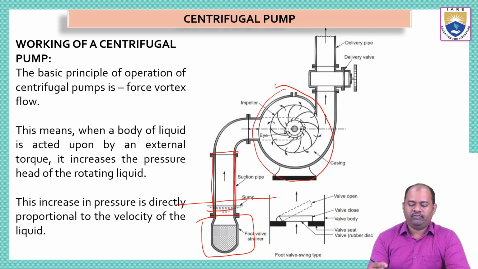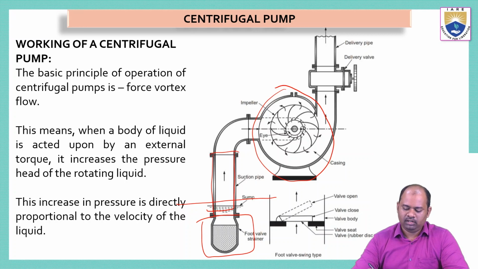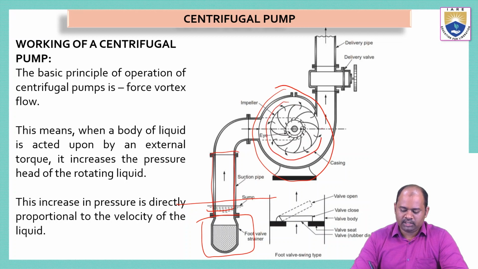Now we have already seen the function of the casing: it will hold the water for some time, like it will prevent the splashing of water when the impeller is rotating. Okay, and also it controls the pressure of the water. And inside this we have an impeller which can rotate in circular motion. This impeller has vanes which are curved in shape, and after that, on the other side of the casing we have a pipe that is called delivery pipe.